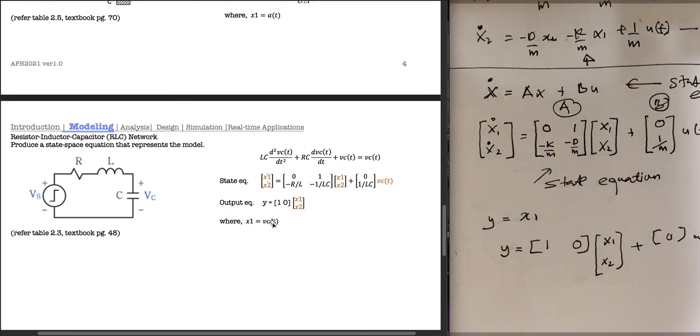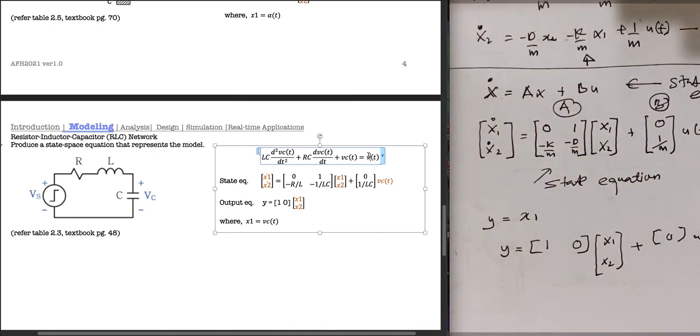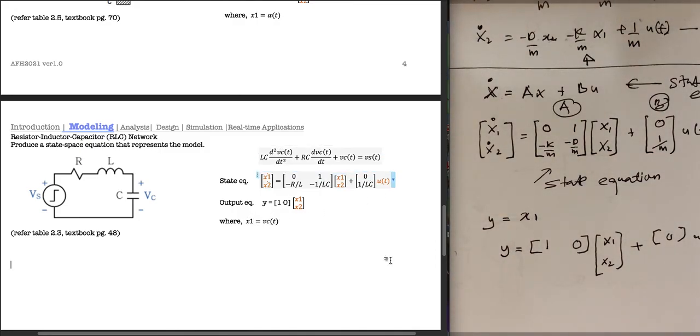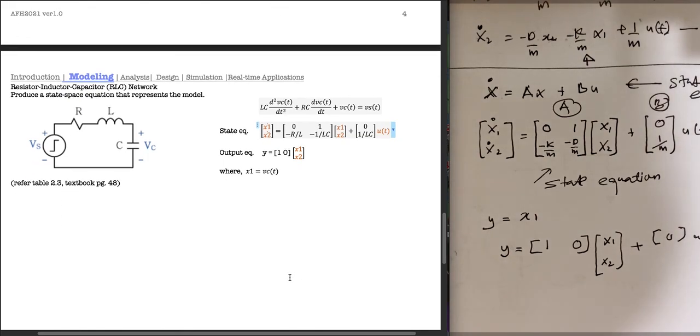In this case, x1 is VC(t), so that means y equal to x1. y equal to VC(t) is the output of this system. The input of the system is Vs. So I think this is supposed to be Vs, and then this we can put u(t). So same thing.